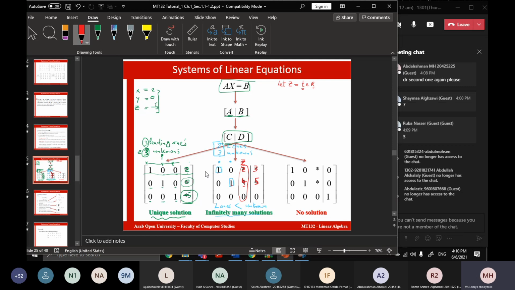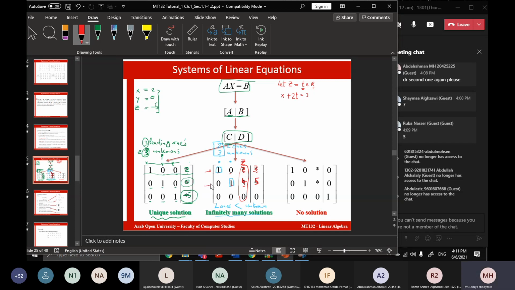Let's go back. From the first row, what do we have? 1x, that is x, plus 0y, plus 2z, but we said Z is equal to T, so plus 2t is equal to 3. Okay, so this is what we get from the first row.